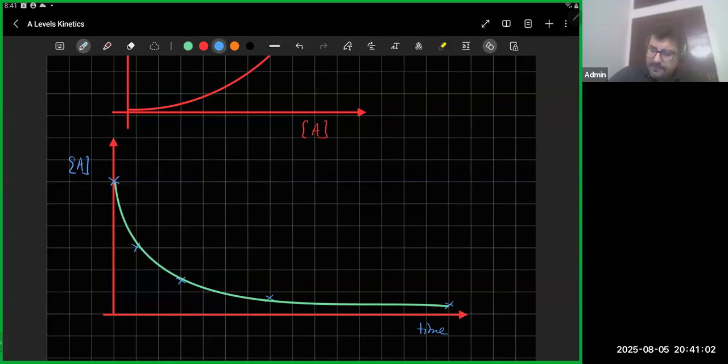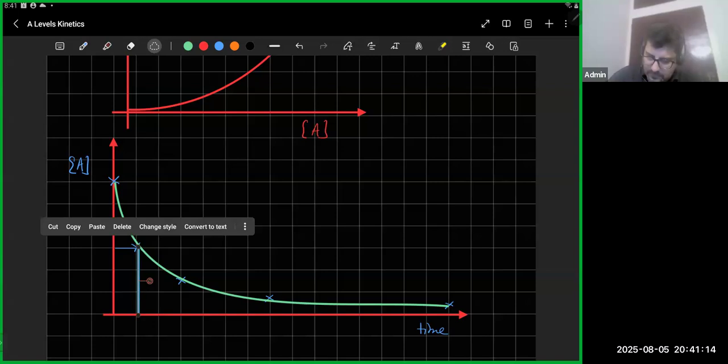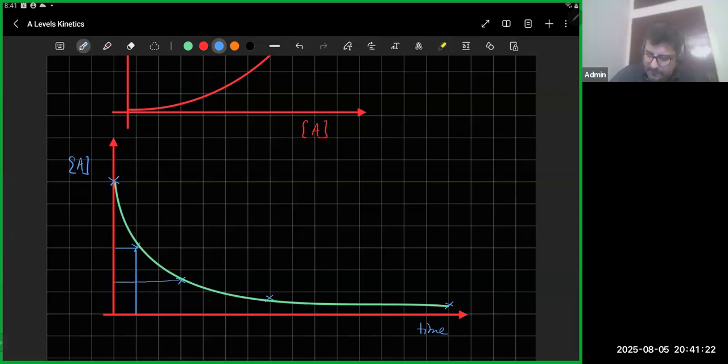So the first half-life, that is this. First half-life होगी. Second half-life takes a longer time. So the half-life doubles.